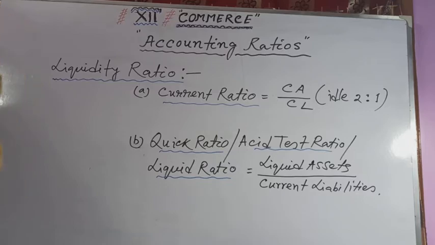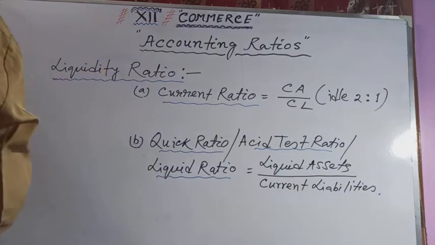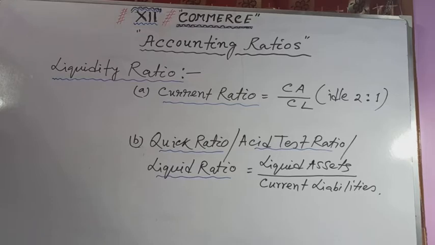Okay. Now next, quick ratio or acid test ratio or liquid ratio. How to calculate? It is the relationship between quick assets and current liabilities. Quick assets or liquid assets are those assets which can be converted into cash or cash equivalents very shortly.